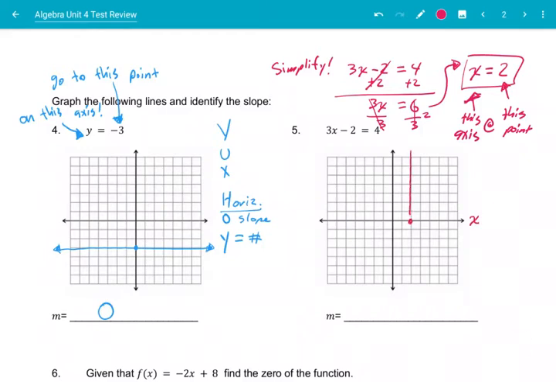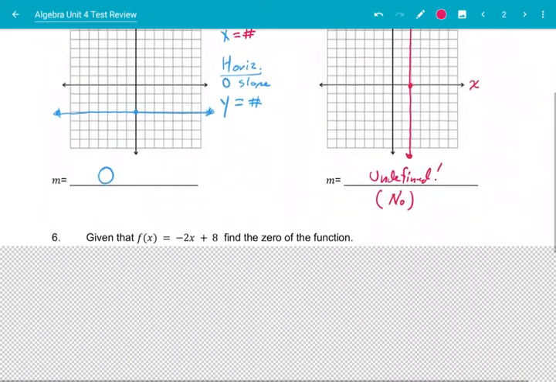So this is going to be a vertical line, a vertical line with an undefined slope. Undefined slope, and that starts with x equals a number. So there it is right there. Undefined, or you can put no slope. All right, those are pretty easy.